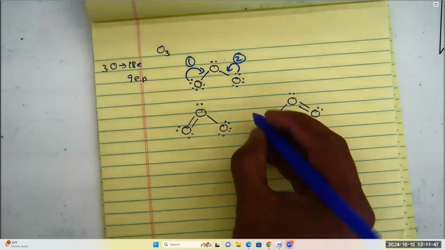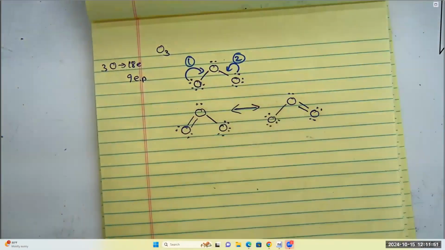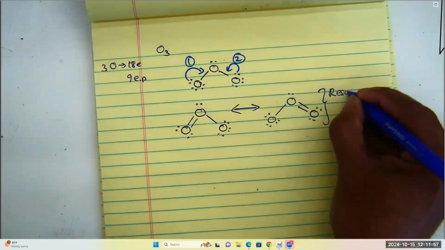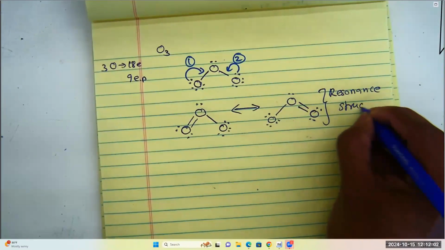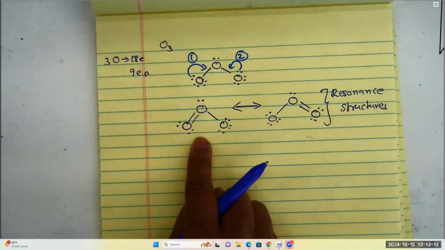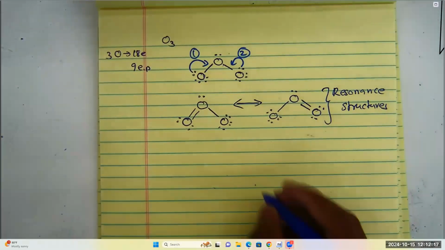Whenever that happens, we say that our molecule shows what we call resonance. As a result of that, these structures are known as resonance structures. Whenever we have a molecule that shows resonance, the actual or experimental structure is not this, but a hybrid of both of them.